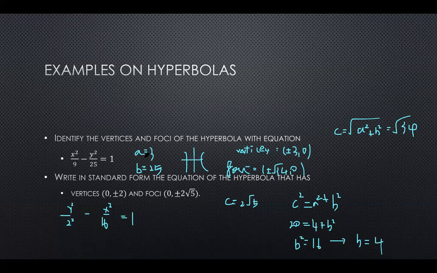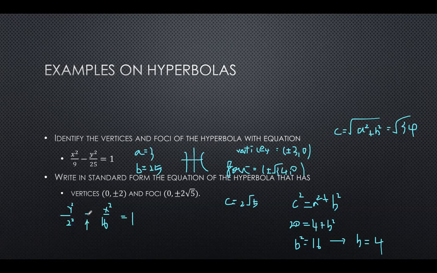Okay. So as you can notice, A and B no longer have a rule for which one is bigger or smaller. The difference between the two graphs is determined by the sign here, right?